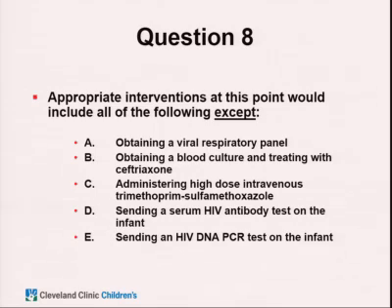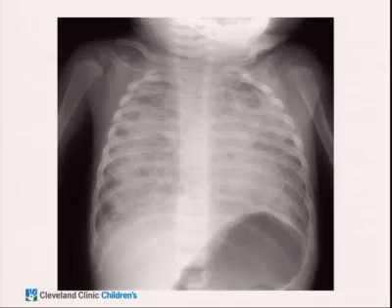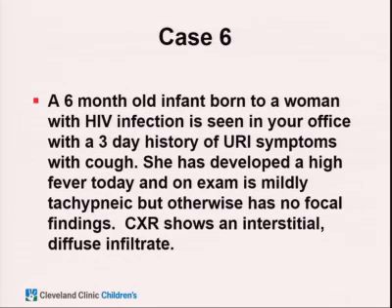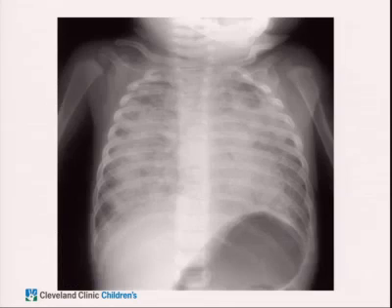Appropriate interventions at this point would include all of the following except: obtaining a viral respiratory panel, obtaining a blood culture and treating with ceftriaxone, administering high-dose IV trimethoprim-sulfa, sending a serum HIV antibody test on the infant, or sending an HIV DNA PCR on the infant. So remember, this is a 6-month-old born to a woman with HIV.